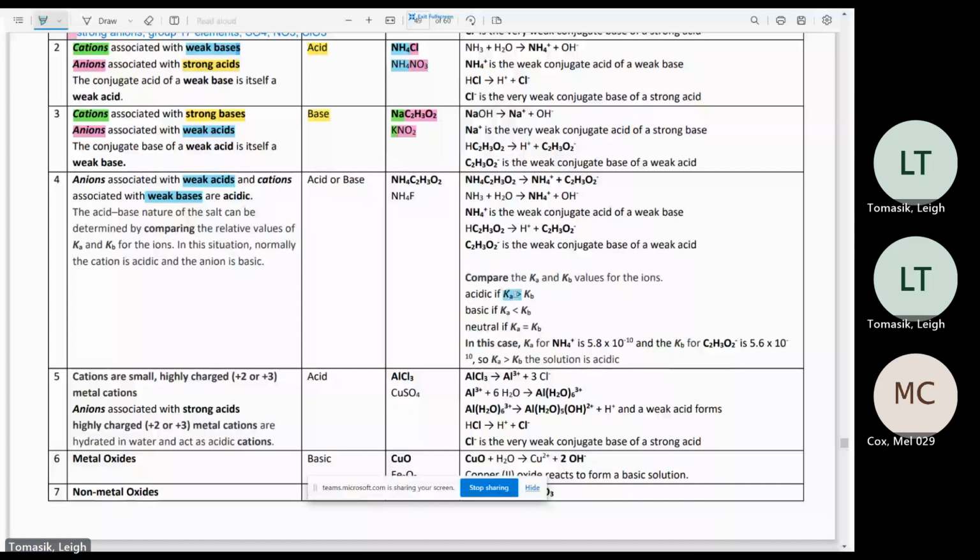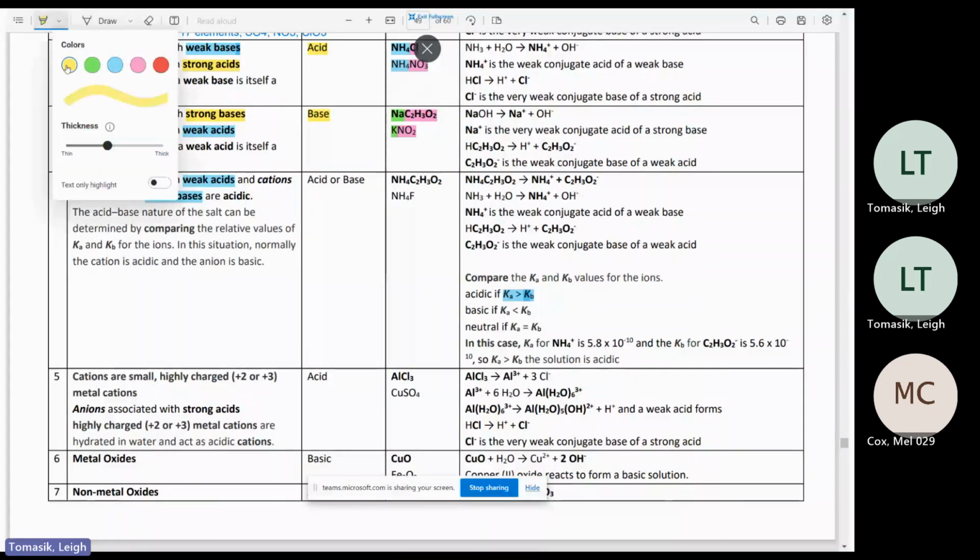So the higher the K value is, the stronger the acid or base it is. If the Ka value is greater than the Kb value, that means you have a stronger acid than a base, so you're going to get an acidic salt.